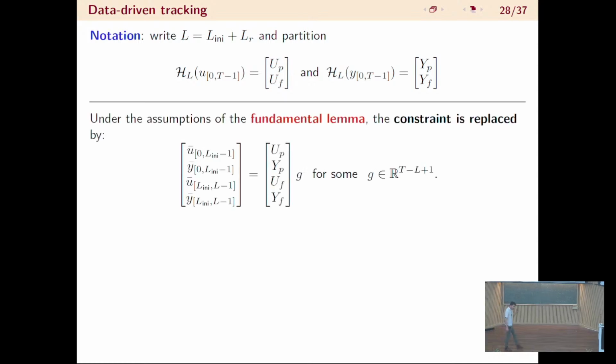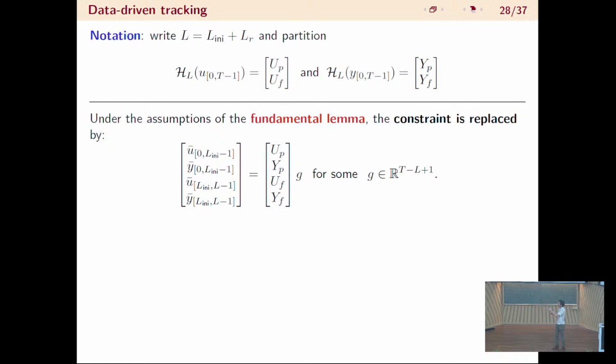Okay, now what's the point? This is actually the main idea of this data-driven tracking. Because of the assumptions of the fundamental lemma, so let's assume that AB is controllable and the input is persistently exciting, like we had before, we can replace our constraint, namely that the U bar, Y bar is in the restricted behavior, by a constraint like this.